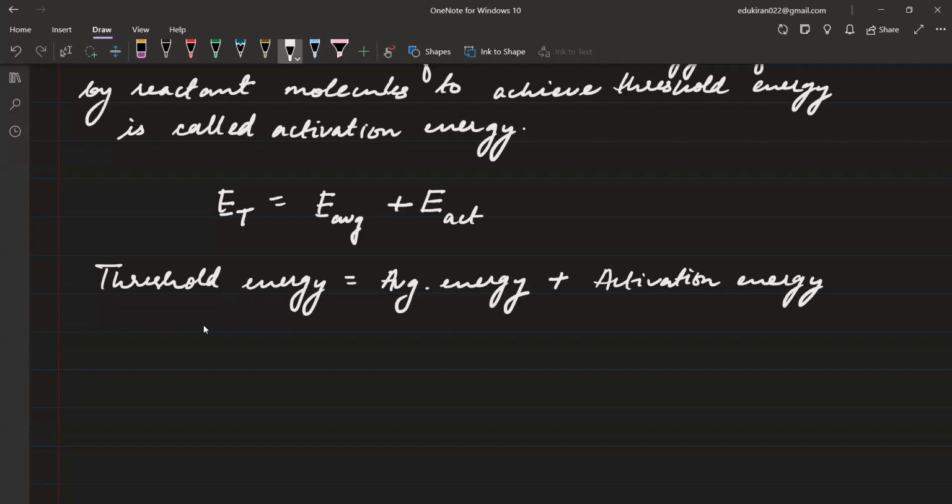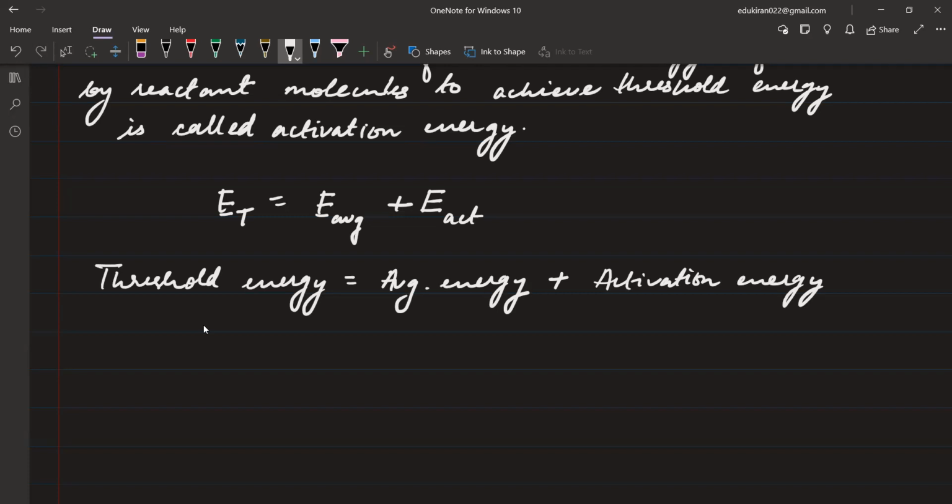This is not a formula, this is a definition. Okay, this is the definition of threshold energy in terms of average energy and activation energy. This is not a formula. All of you done? Yes or no? Please tell me. Yes, yes.